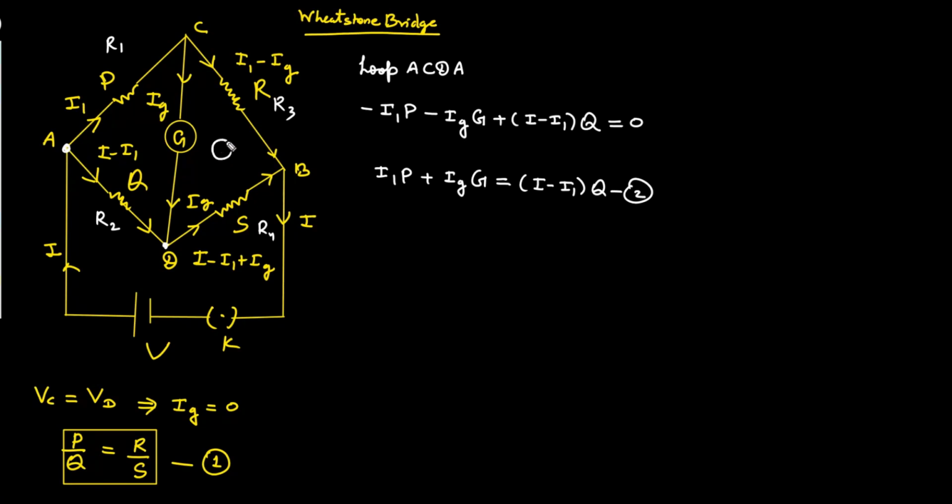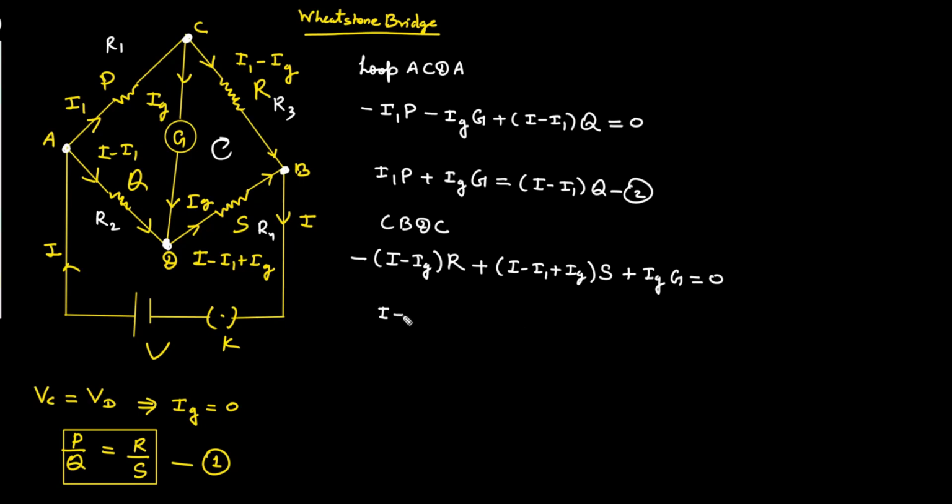Now the second loop we are taking is C, B, D, C. From C to D, in the direction of current, negative sign, so minus I1 minus Ig into R. From B to D, opposite to the direction of current, plus I minus I1 plus Ig into S. Now from D to C, opposite to the direction of current, so plus Ig into G, total 0.